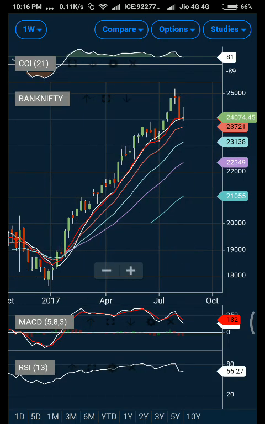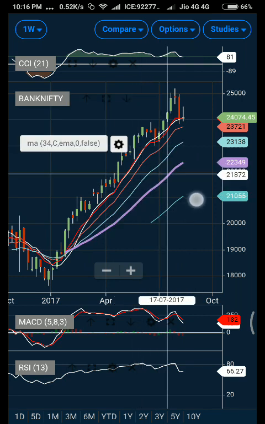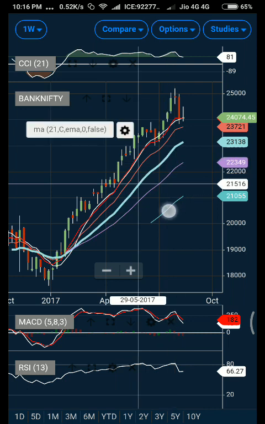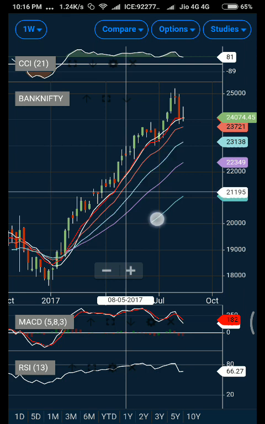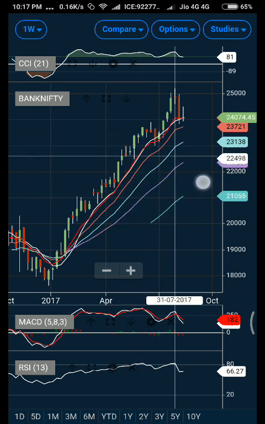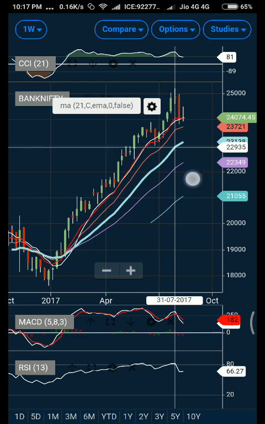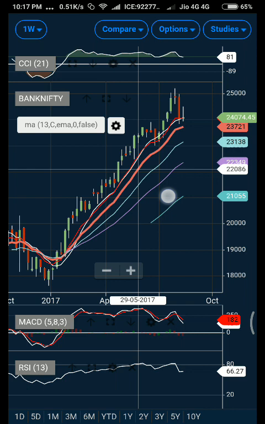You can see CCI has a positive value of 81, so that is also something one should not worry about. Since CCI has a positive value, first it will go to 0, then it will go negative. That is suggesting bullishness, and the level of the bearish move is, I think, limited to the 21 days or 13 days exponential moving average only.